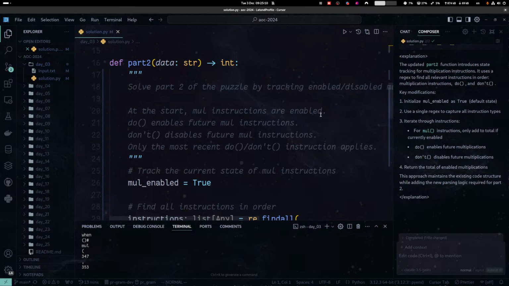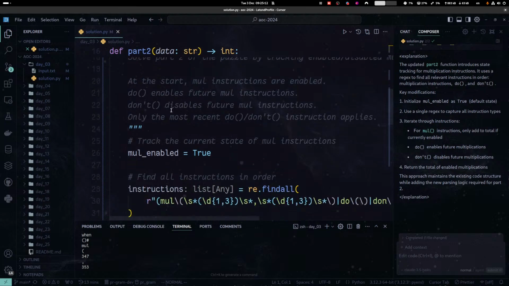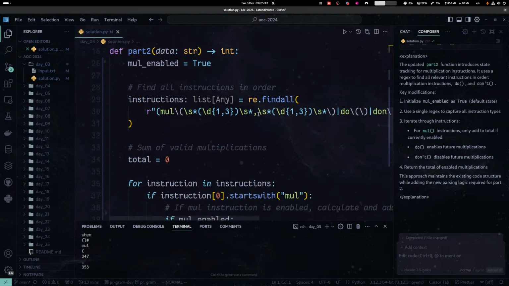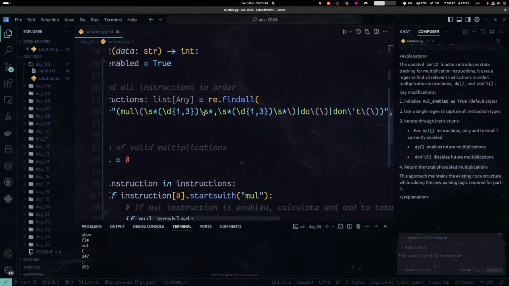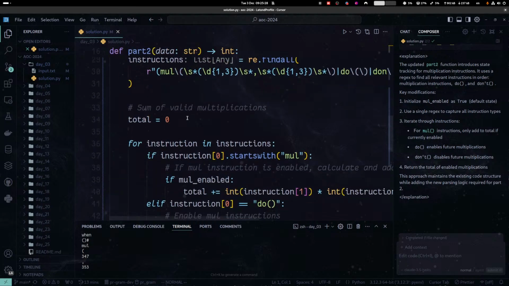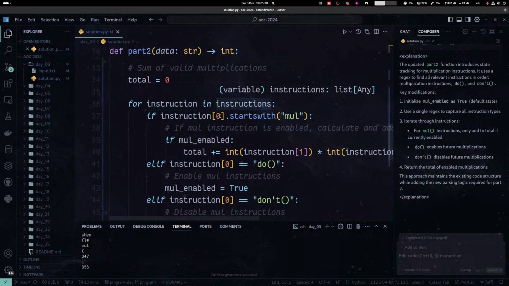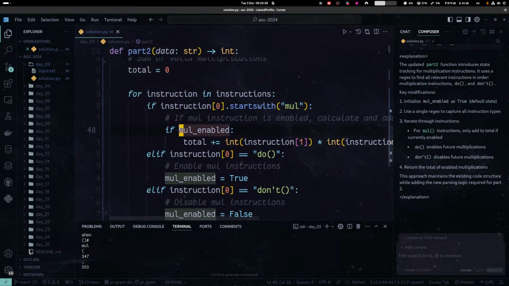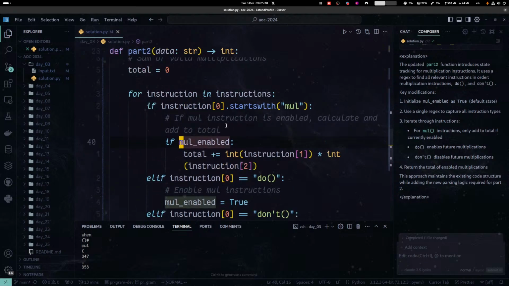So at the start, mul instructions are enabled, do enables, don't disables, only the most recent instruction applies. Mul enabled by default. Find all instructions in order. Find all mul, do, don't. Then for instruction in instructions, if it starts with mul, if multiple, let's see.